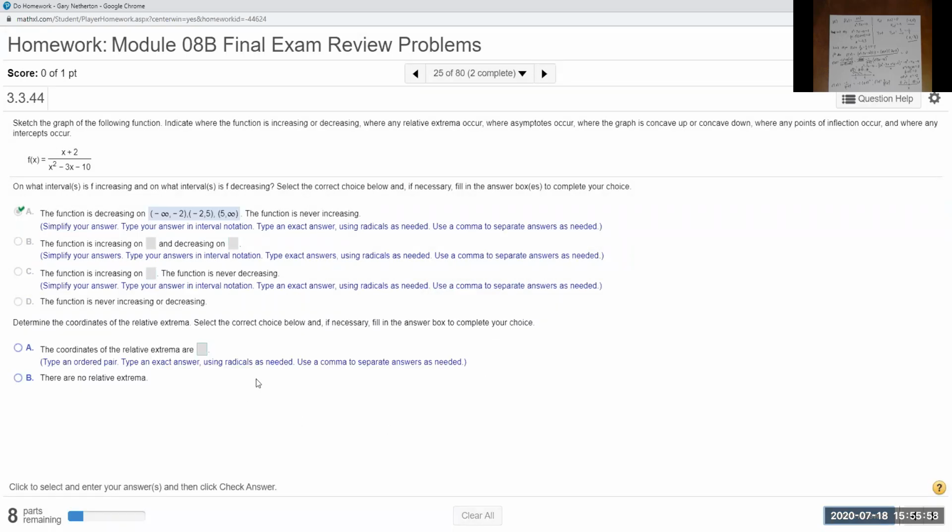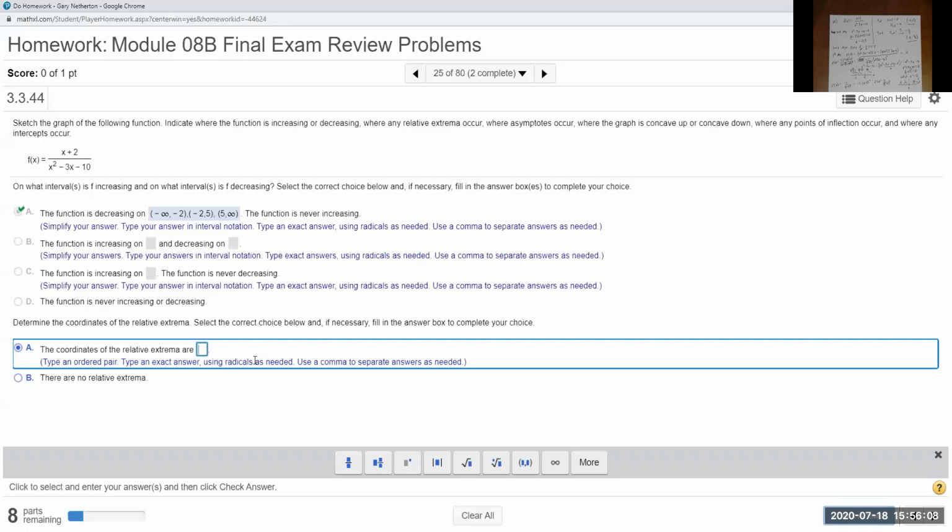Relative extrema. That's where the first derivative is 0. I think we have one of those neithers. The coordinates. I know x is -2. So I've got to go figure out what the value of the function is. But I put in -2, you get undefined.